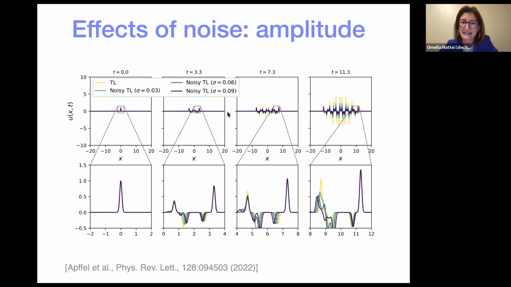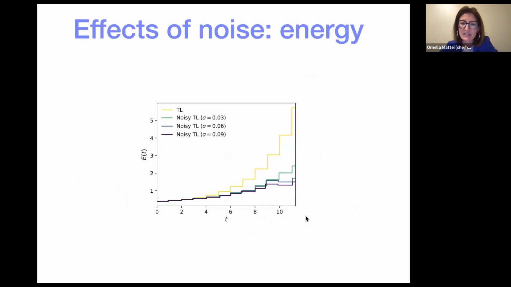And you see that the bigger the noise is, the smaller the overall amplitude of the wave is. If we look at the very last snapshot, the wavefront will not be affected by the noise, but the wake will. The bigger the noise, the smaller the amplitude of the oscillations in the wake of the wave. What about energy?